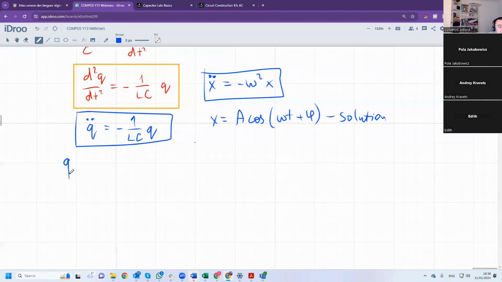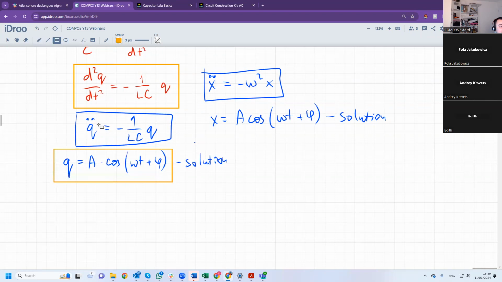So for this one, Q equals amplitude multiplied by cos(omega t plus phi) is a solution. And because we're talking about the charge on a capacitor, the parameters can be determined by the initial conditions.